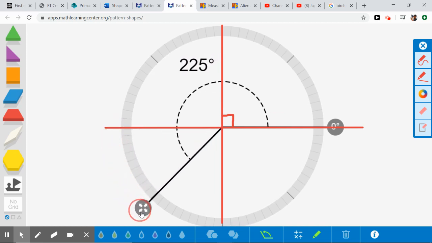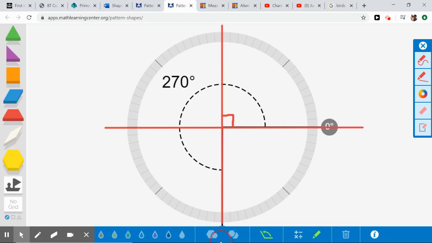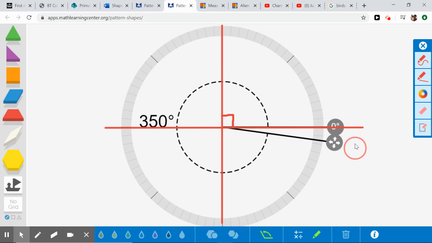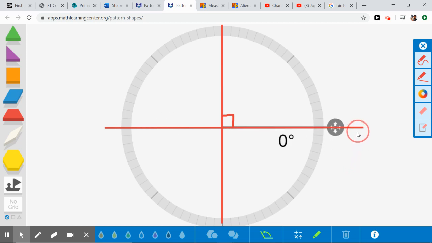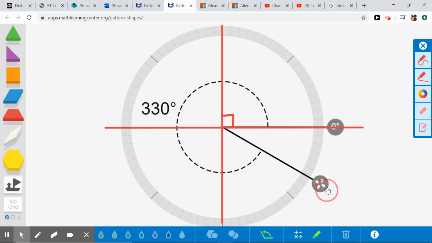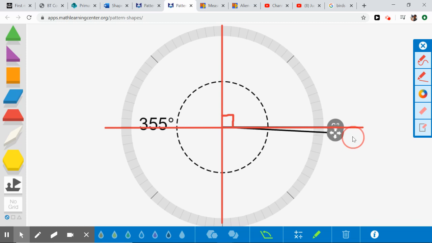Now we've done 3/4 of a turn, which is 270. And then it would be 360, but then it goes back to 0 again.